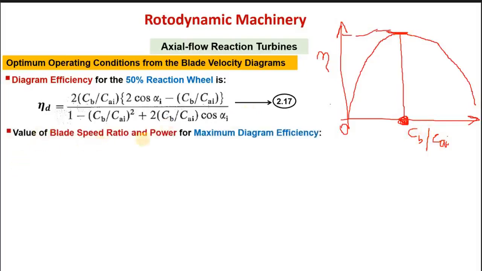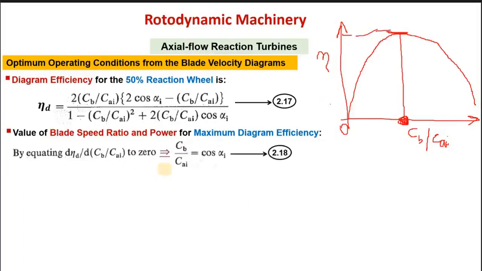So the value of blade speed ratio for maximum diagram efficiency, we can find out by differentiating this equation with respect to CB over CAI and putting it equal to 0. It will be this point. It is the same procedure as was used in the impulse turbine. After differentiating this equation, this will be the final answer.